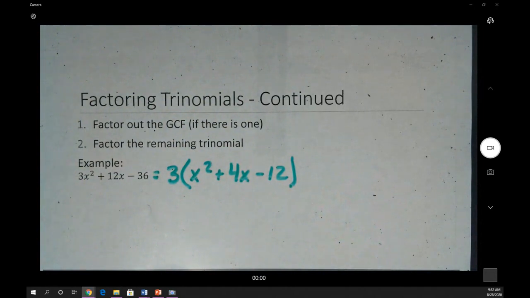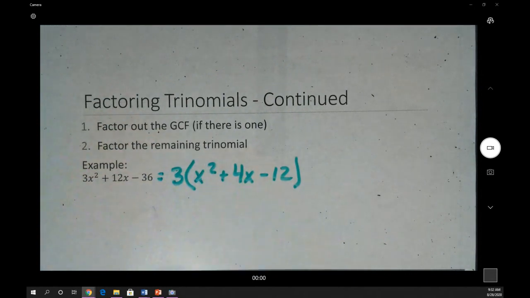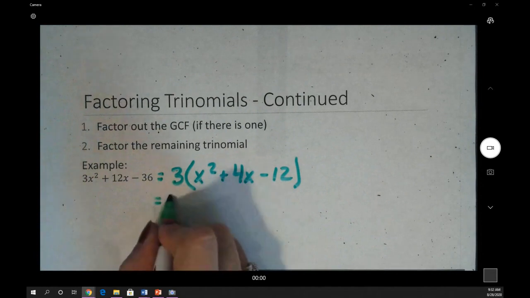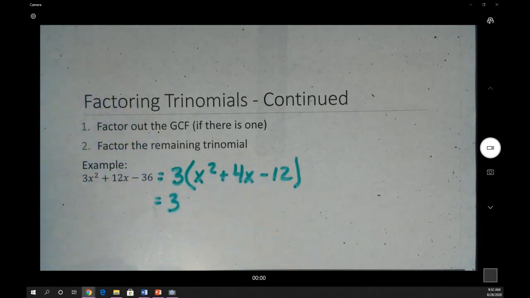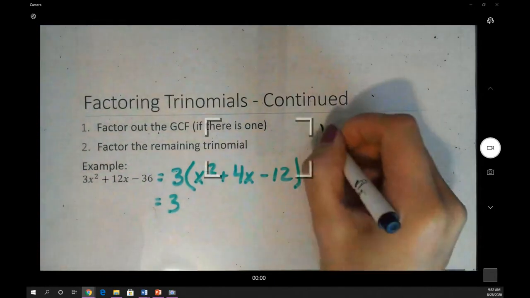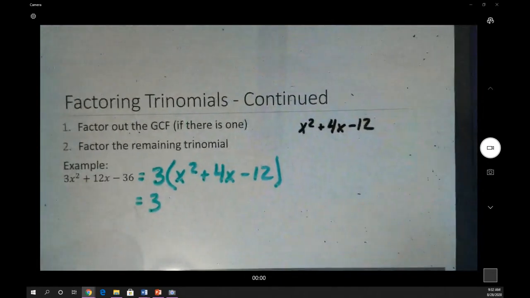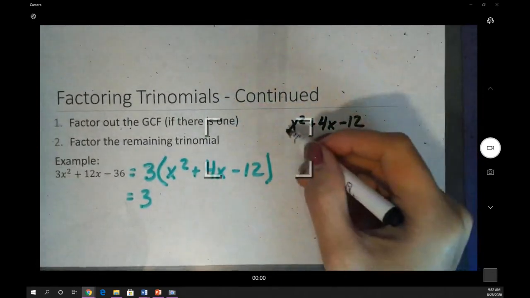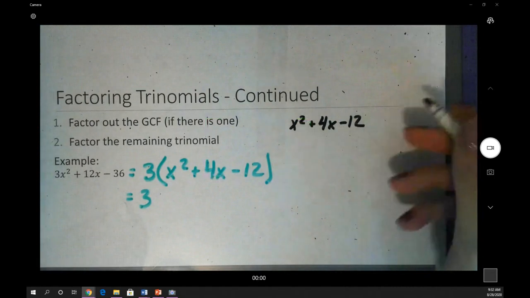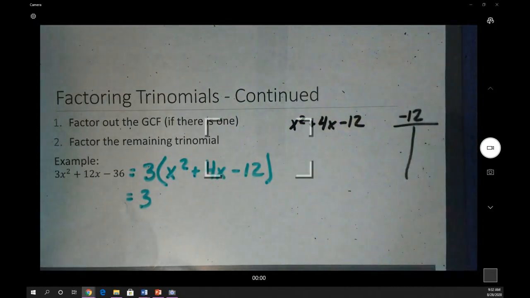So now that I have the greatest common factor out, I need to check to see if this trinomial here continues to factor further. So I'm going to leave my 3 out front and see what I can do with x squared plus 4x minus 12. So if I take my a value, which is 1, times my c value, which is negative 12, I'm going to have my t-chart based on negative 12, which I had last time.